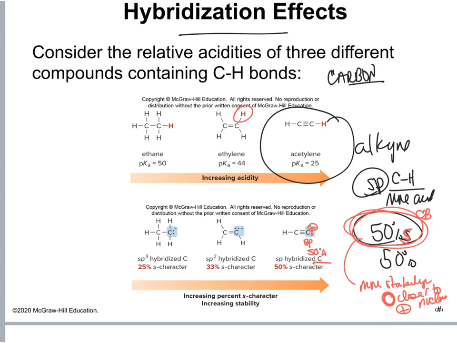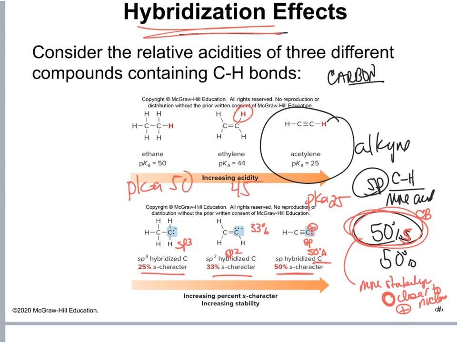When you take away a hydrogen from an sp2, you have 33% S character, and from an sp3, you have 25%. So the more S character, the more stabilizing. This is hybridization effect. And what's it worth? You know the pKa value here is 25. pKa value here is 50. And I always just do the fives.